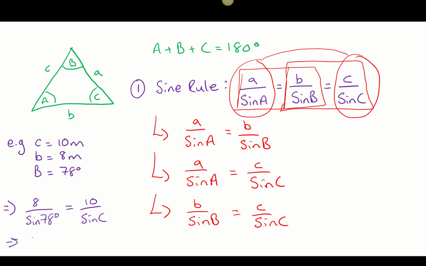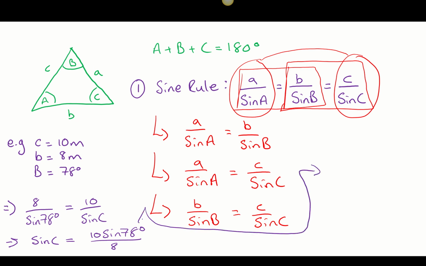We get sine C equals 10 multiplied by the sine of 78 degrees, divided by 8. Then C will equal the inverse sine of all that, and when you calculate it out you will get your answer for C.